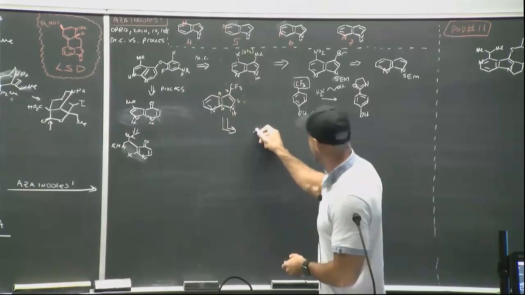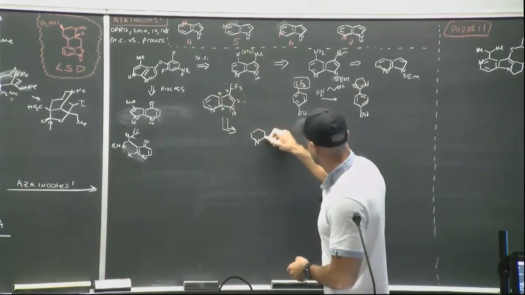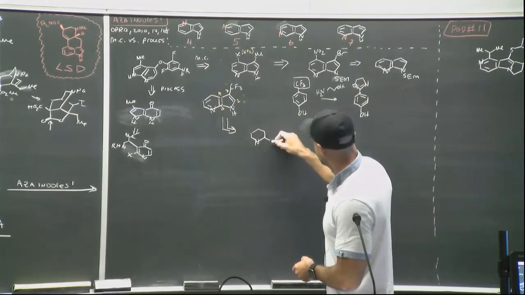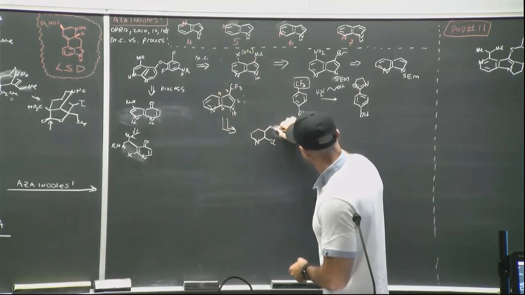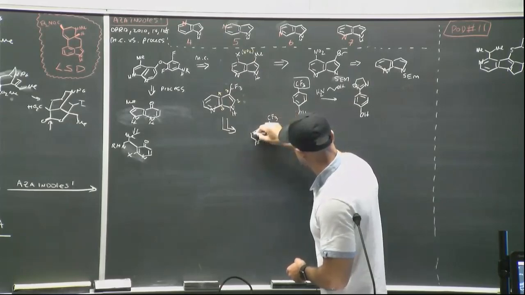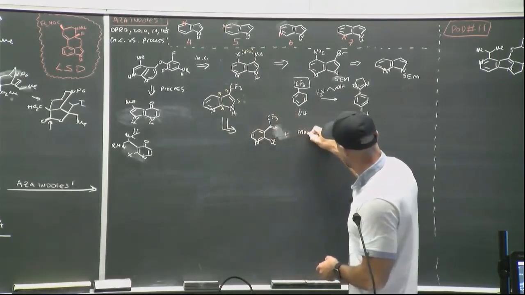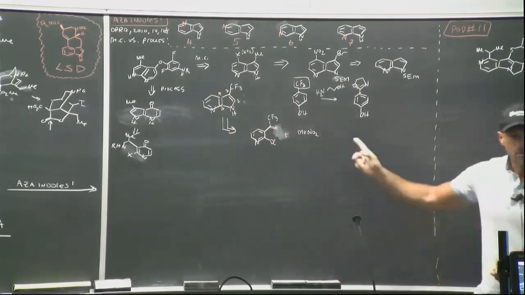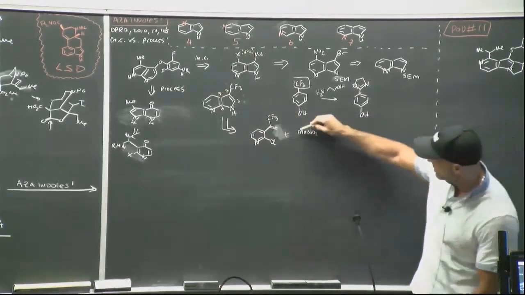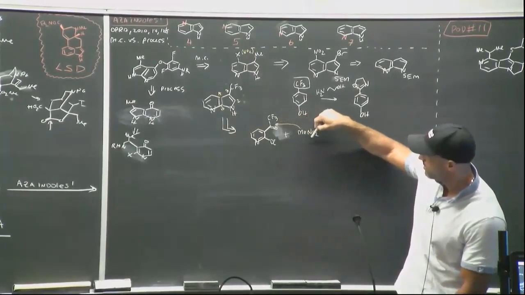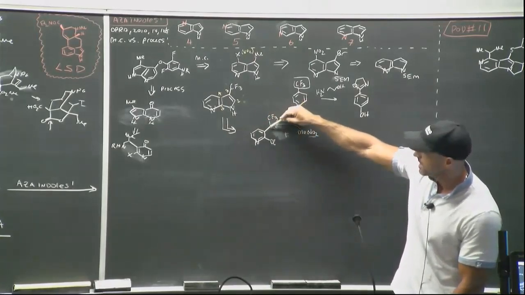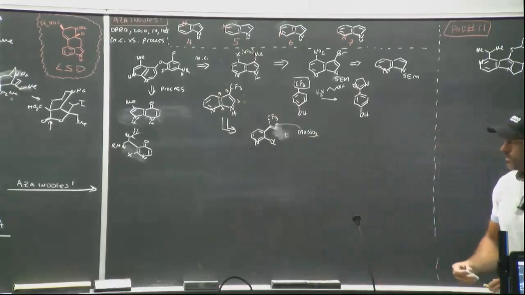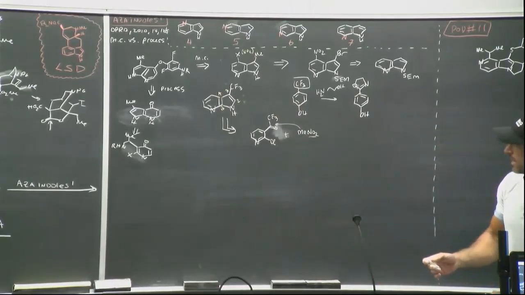Let's do it. So this is your 2,3 disconnection, Tucker. So when we do a Henry reaction and add in here, and then we reduce this with palladium on carbon, it's going to close the ring. Now I just need a way of making this. Lecture 3, what do we do to make that?